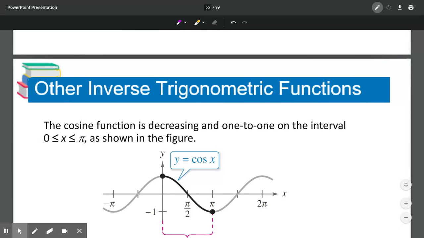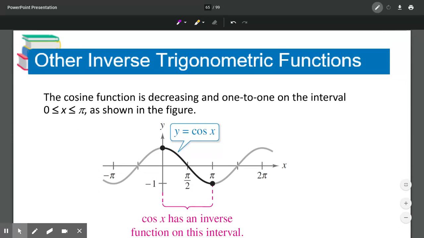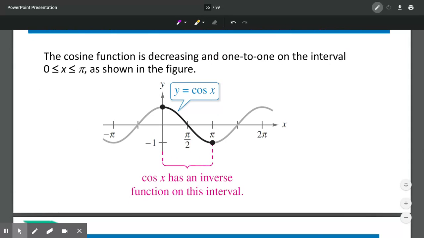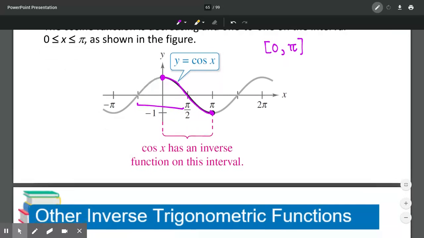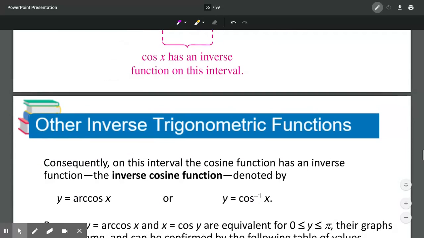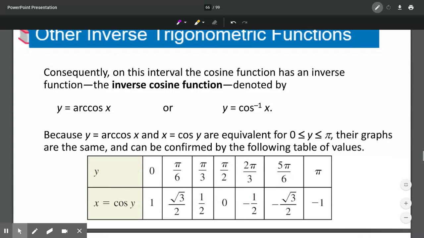All right, so then we also have cosine. And again, cosine function is not one-to-one. So what we have to do is restrict cosine. But we can't restrict it from negative pi over 2 to pi over 2 like we did for sine because it's not one-to-one there. So cosine is restricted from 0 to pi. So you have to remember that cosine values, when you're finding the inverse, have to fall between 0 and pi, the same way that sine had to be between negative pi over 2 and pi over 2.